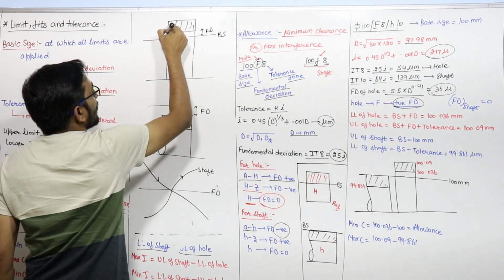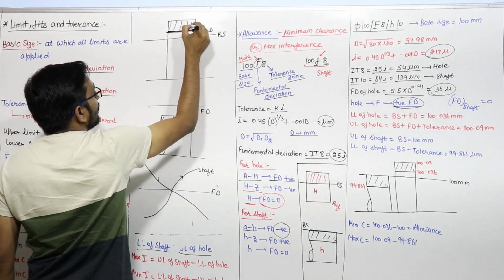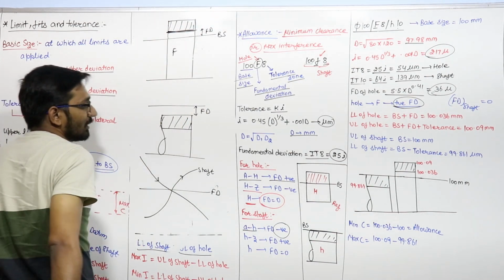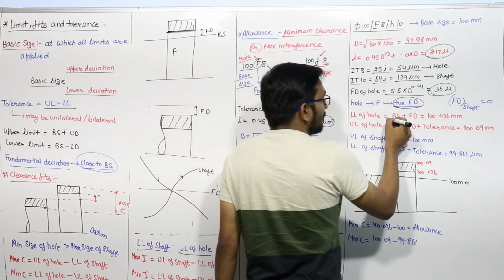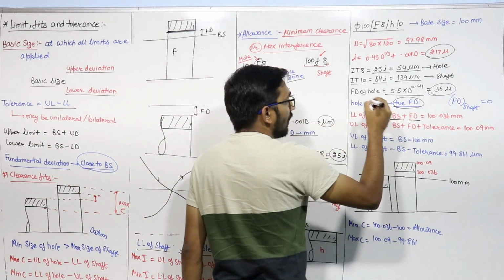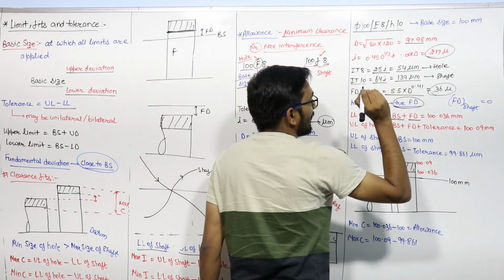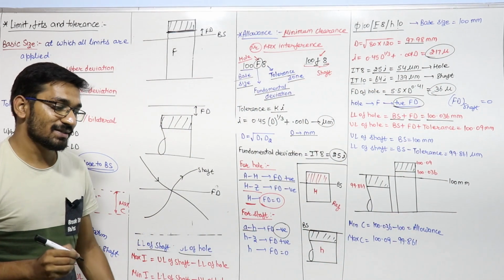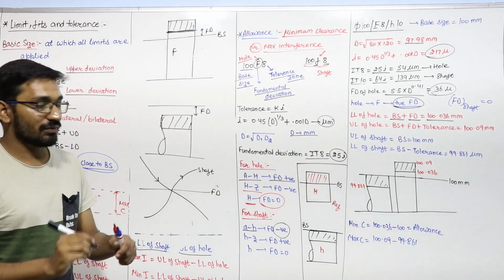So the lower limit of the hole will be basic size plus fundamental deviation. This is F, let us say. So the basic size is 100, the fundamental deviation for hole is 36 micrometer, so this is 0.036. So 100.036 is the lower limit of the hole.